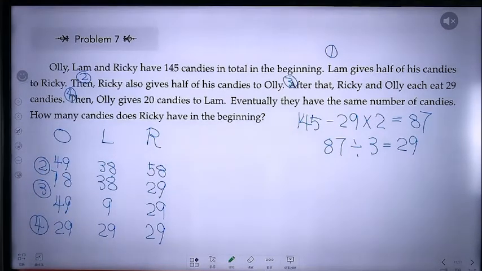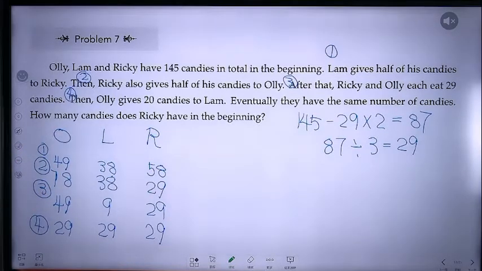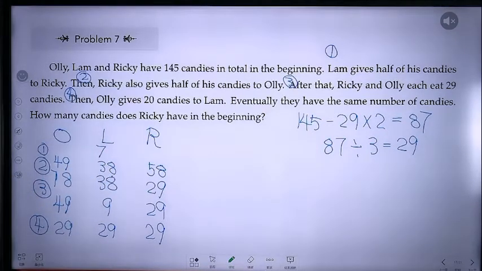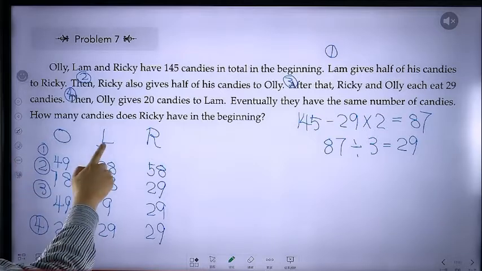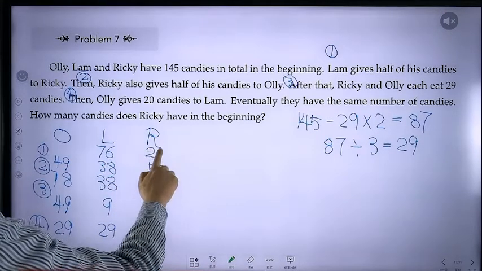Okay. So then what's the first action? The first action is Lam gives half of his candies to Ricky. So Lam gave half of his candies to Ricky. Now he only has 38. So that means he originally had 76. So Ricky has 58 minus 38. So Ricky has 20.